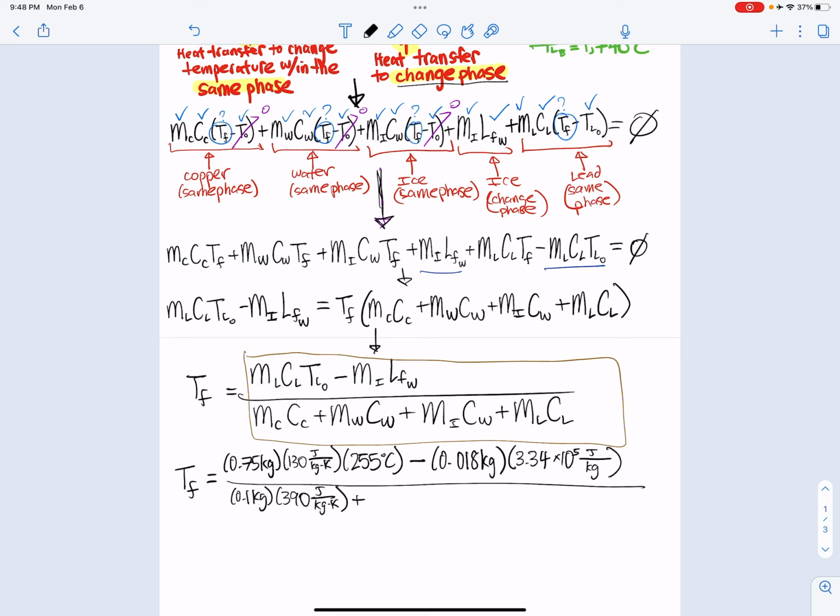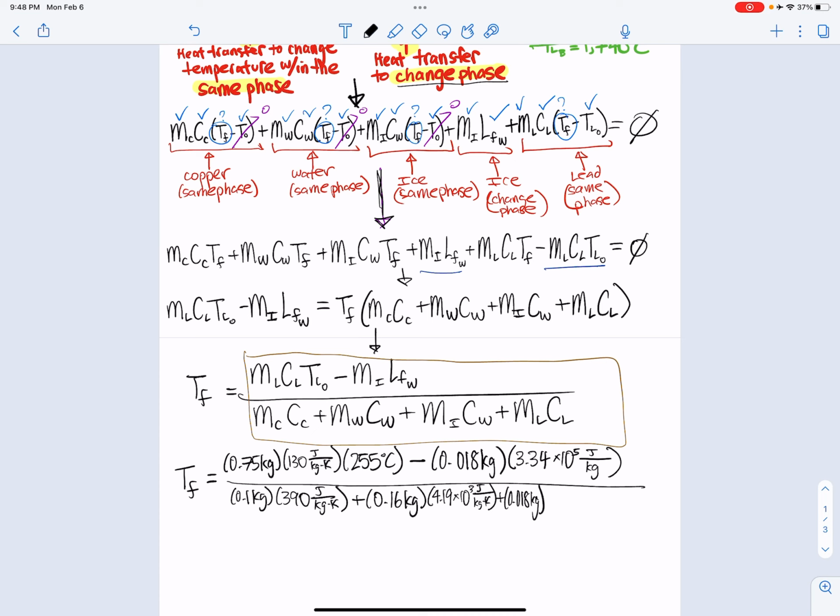plus mass of water, that was 0.16 kilograms. The specific heat of water, 4.19 times 10 to the 3 joules per kilogram times Kelvin. Mass of ice, that is 0.018 kilograms.